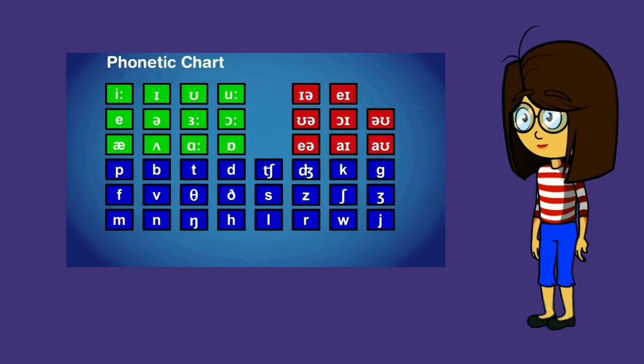Now, you are seeing the phonetic chart displaying the symbols of 44 phonemes. There are 3 sections in this chart.